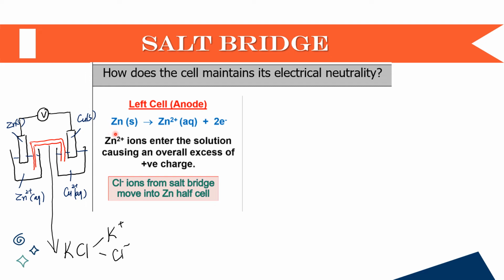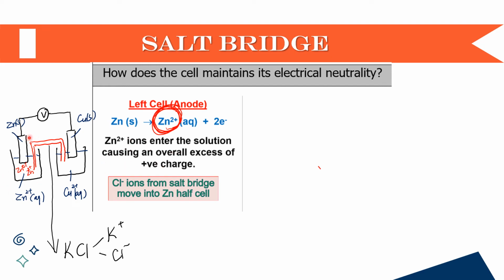Zinc solid produces zinc 2 plus and 2 electrons. What happens is that zinc 2 plus from our zinc solid will enter the zinc solution. The newly formed zinc 2 plus ion enters the solution. When this zinc 2 plus ion enters the solution, what happens?